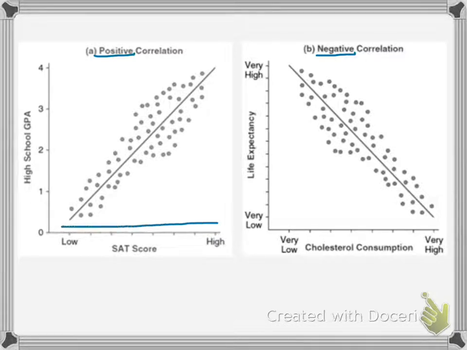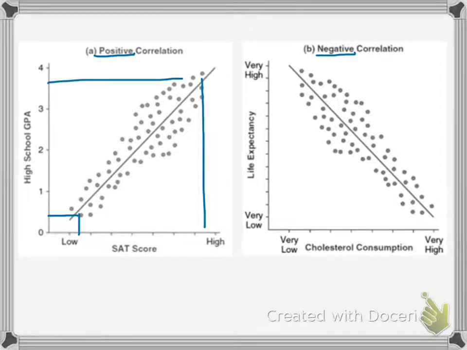The lower your SAT score, usually the lower your high school GPA. So these are examples of points or data that is moving in the same direction. So down here, we've got low SAT scores matched with low GPA. Up here, we've got high SAT scores matched with high GPA.